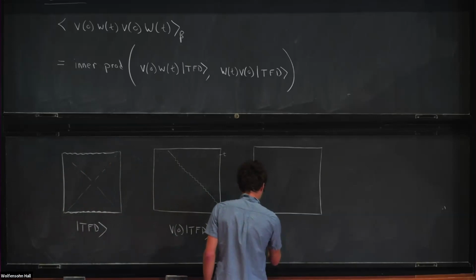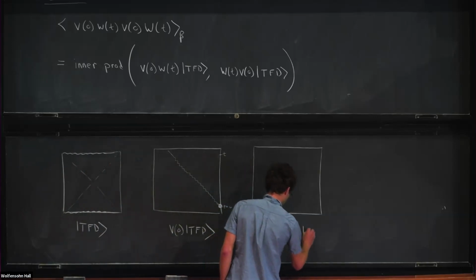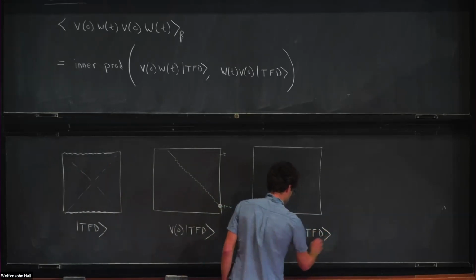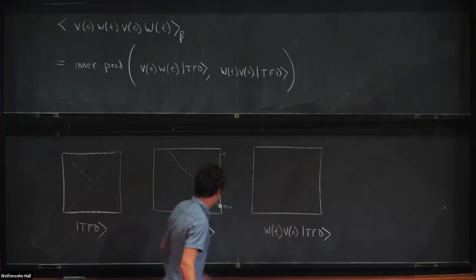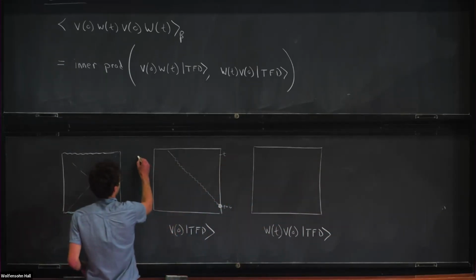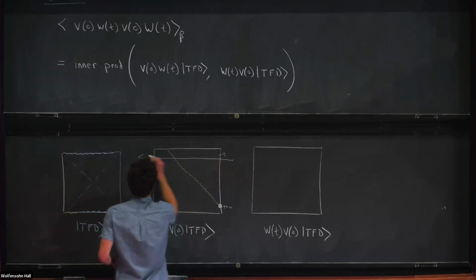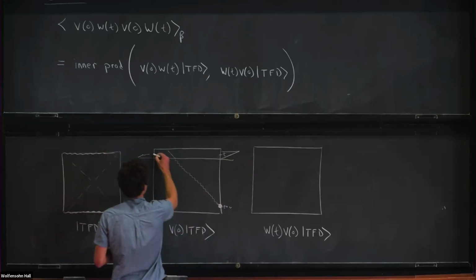Now we want to create W of t, V of 0, thermal field double. So we should act on this state with an operator at time t. And it's convenient to look at the geometry at this time here. So draw a slice through there.